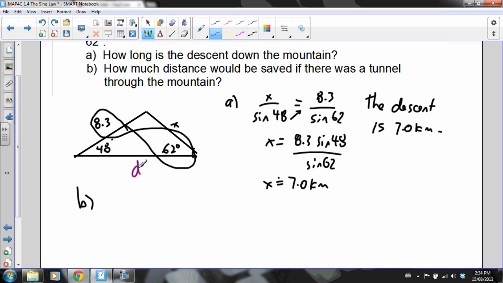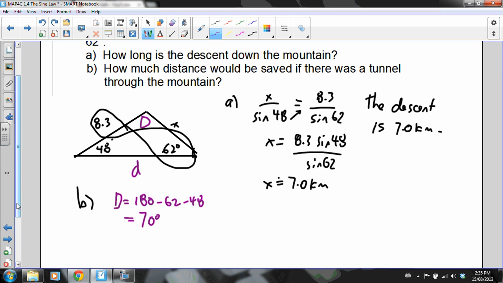Notice in order to use sine law, we need an angle side pair, which we have, but we don't have the angle that's opposite the side we want to find, this angle D here. Well, that's not so bad because I can just use the angles in a triangle. D's 70 degrees.